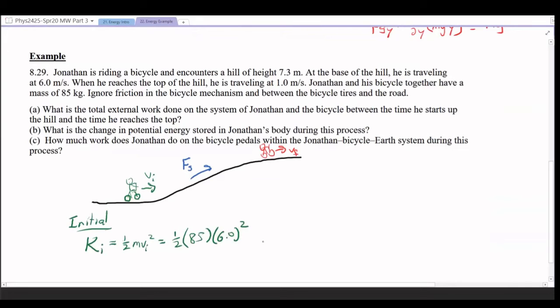So K initial is a number. 0.5 times 85 times 6.0 squared, 1530 joules.